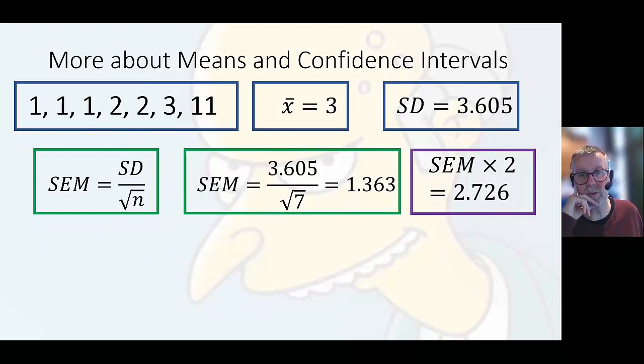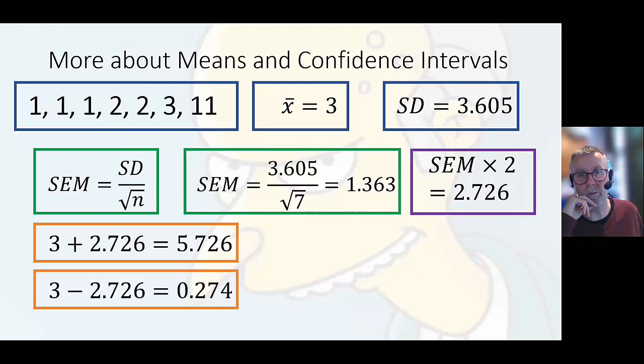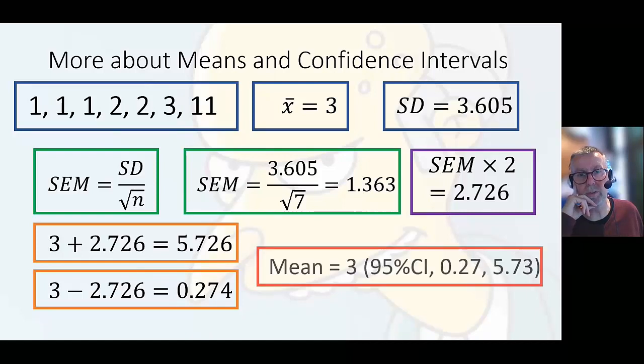So you add this value to your sample mean to get the upper confidence interval value, which here becomes 5.726, and to find the lower confidence interval value, you subtract this doubled SEM from your sample mean, which here becomes 0.274. So we can now express the overall result as the mean equals 3 with a 95% confidence interval of 0.27 to 5.73, rounding to just 2 decimal places for convenience.